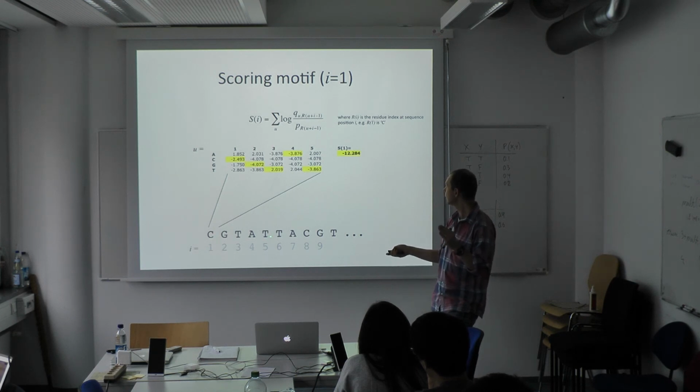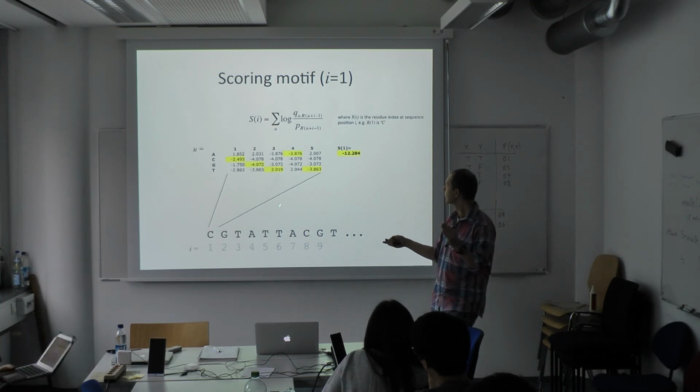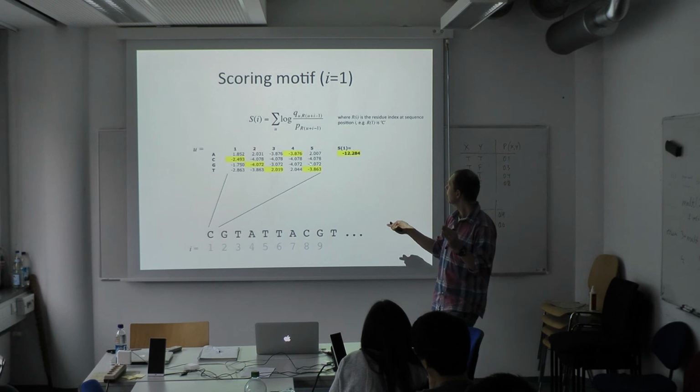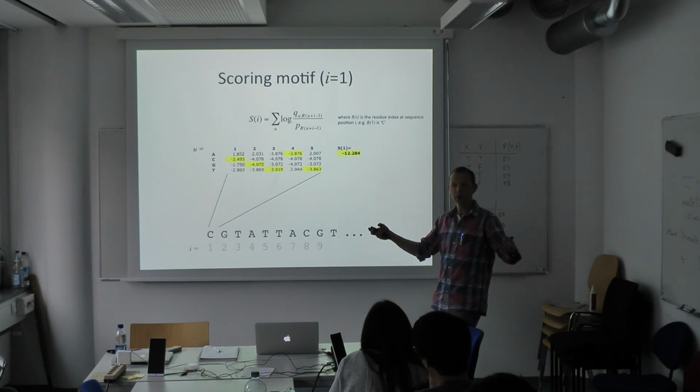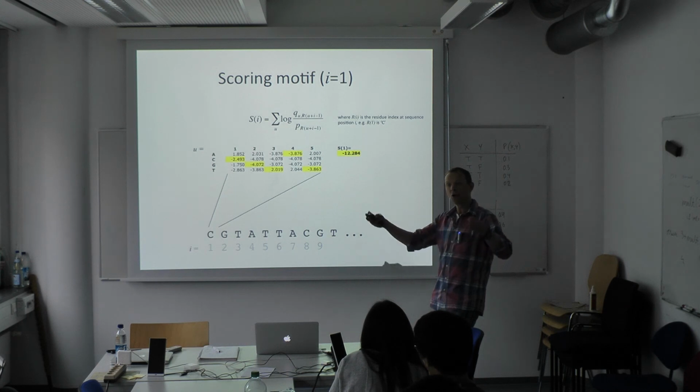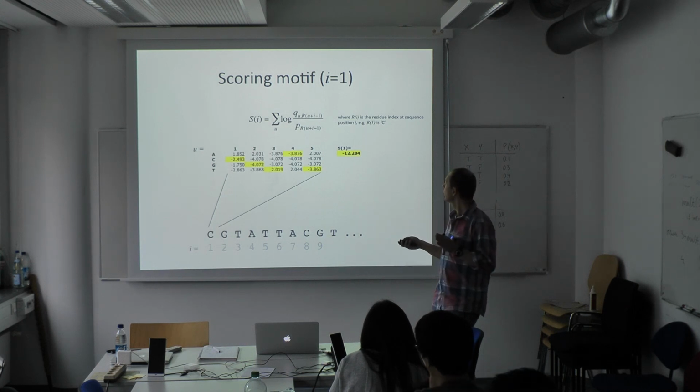So when we look at 5 nucleotides in the sequence that we're searching through, this is the window that we're referring to, highlighted here. And we're just going to sum these. We sum them because we have log transformed our odds ratios, so that would be the appropriate way of combining their scores.